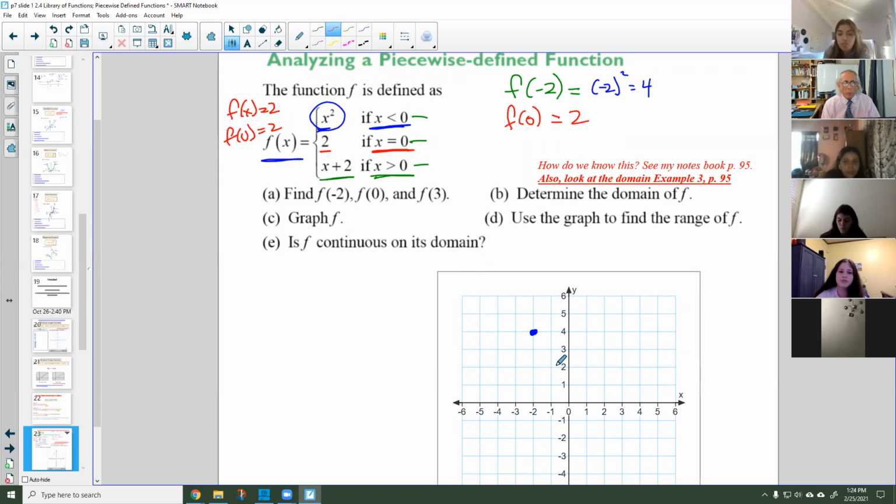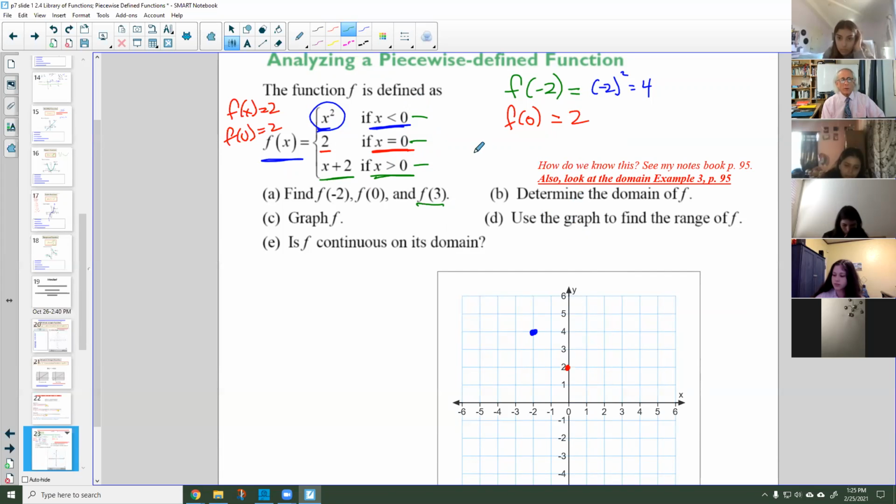Okay, so I'm going to plot that point. 0, 2, that's right here. Okay, now I need to find f of 3. Marissa, which piece is x equals 3 in? Is it in the top one, the middle one, or the bottom one? Bottom.